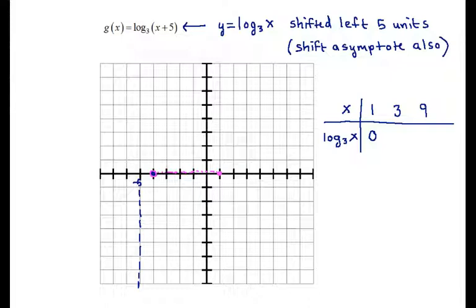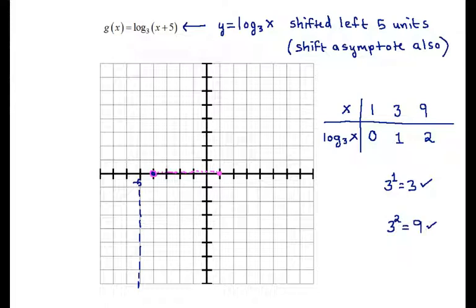If x is 3, log to base 3 is 1, because that is the power that I would raise the base 3 to get 3. If x is 9, then log to base 3 of 9 is equal to 2, because 2 is the power that I would raise 3 to get 9.